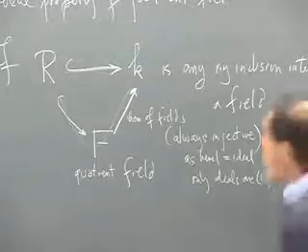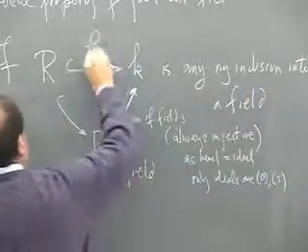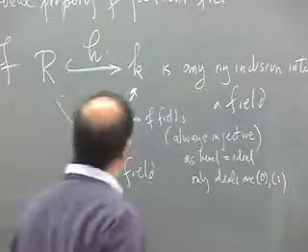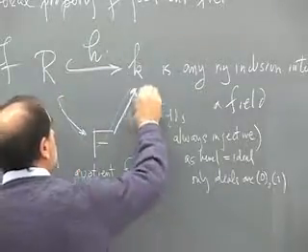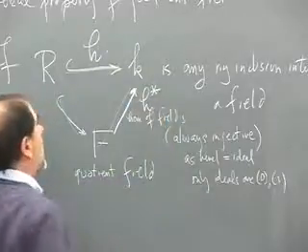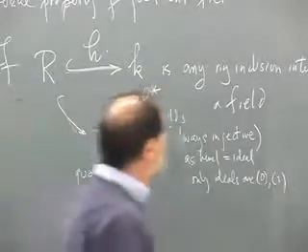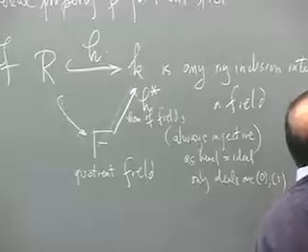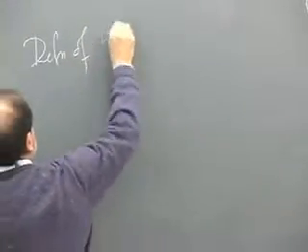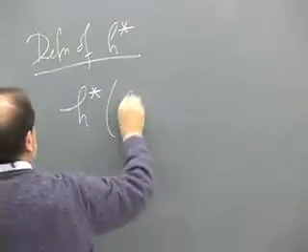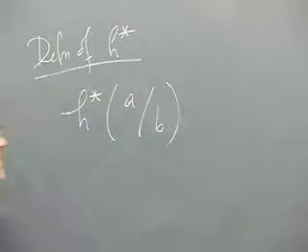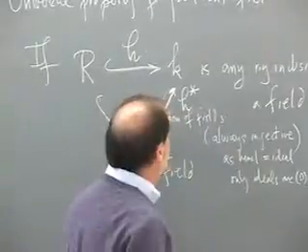So let's call this homomorphism H. And I have to tell you what this homomorphism is. So let's call this thing H star, the thing that I have to construct. So, the definition of H star. Well, I have to tell you what H star does to an equivalence class of fractions, A over B. Right? I know what H of A is. I know what H of B is.